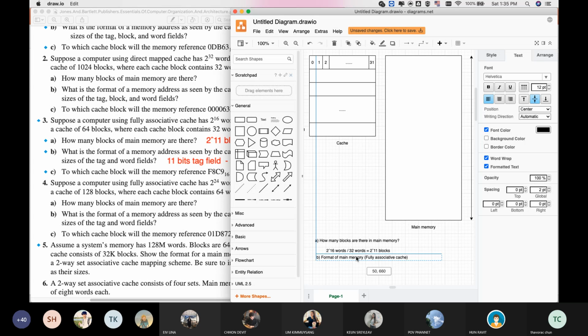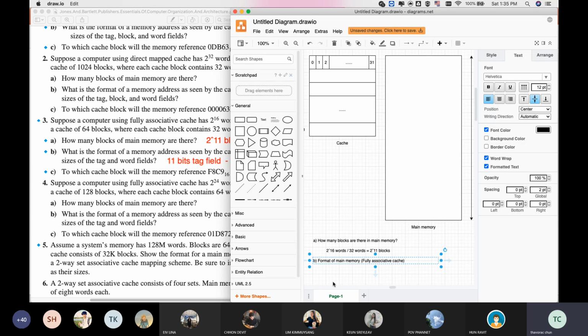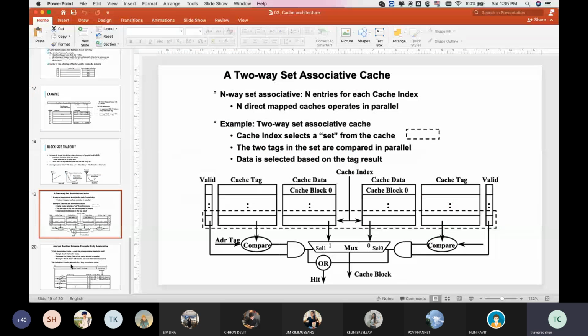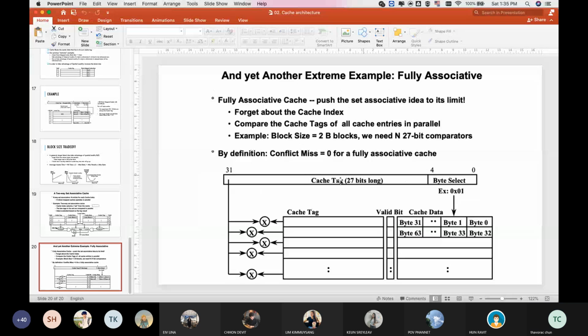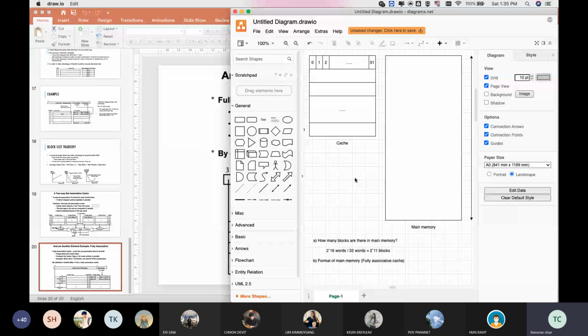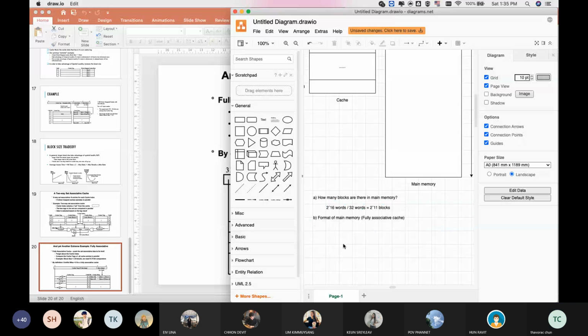The format of fully associative cache, when you look at the last slide here, has only 2 sections. One is the byte select, and the second section is the tag. Comparing to the other two mapping schemes, it is the most simple.